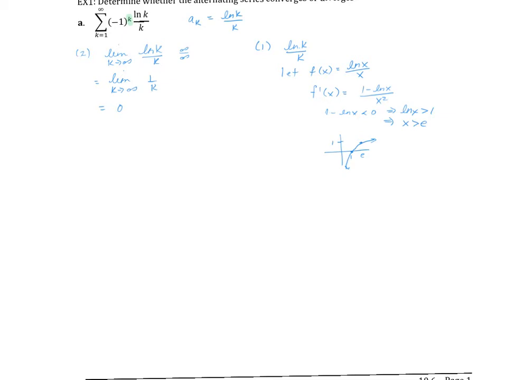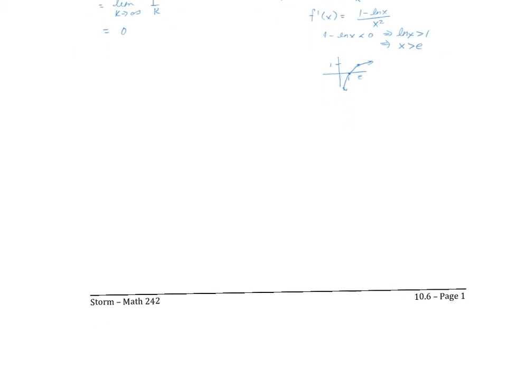So for x values greater than e, natural log of x is greater than 1, so 1 minus a number that's greater than 1 is going to be negative. So I can conclude that as long as x is greater than e, my derivative will be negative. e is approximately 2.7.